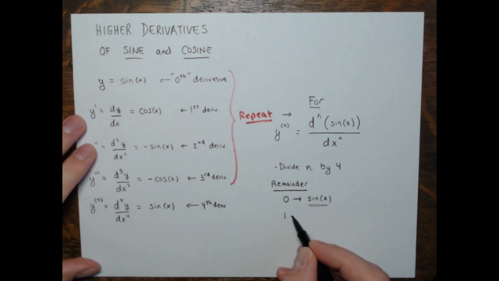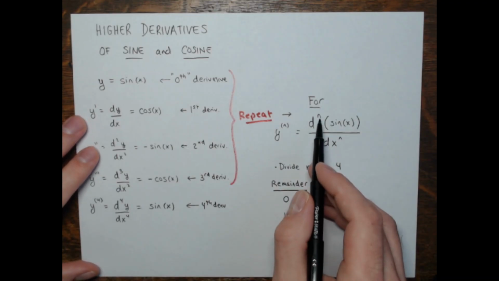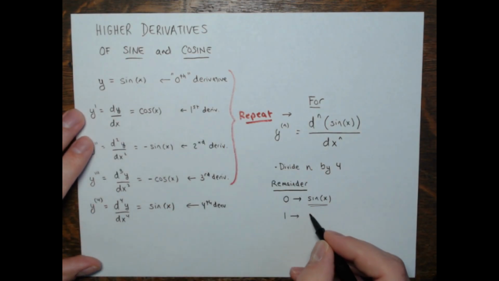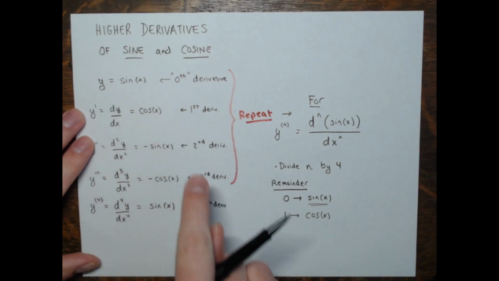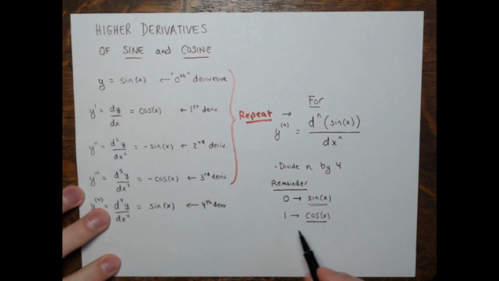If the remainder is 1, so you're 1 larger than a multiple of 4, the result is cosine. The first derivative would be cosine, the fifth would be cosine, the ninth, just keep adding 4 to that. If your derivative number is 1 larger than a multiple of 4, your result is cosine.